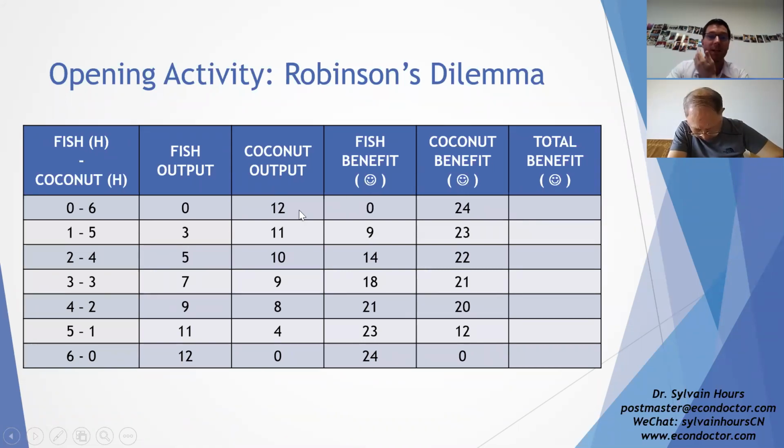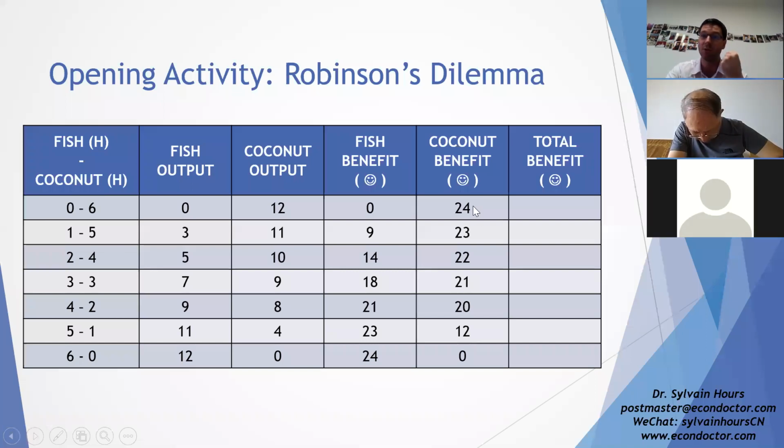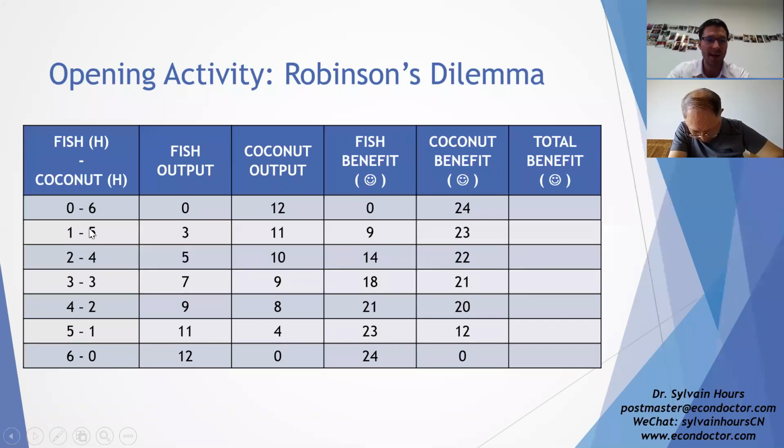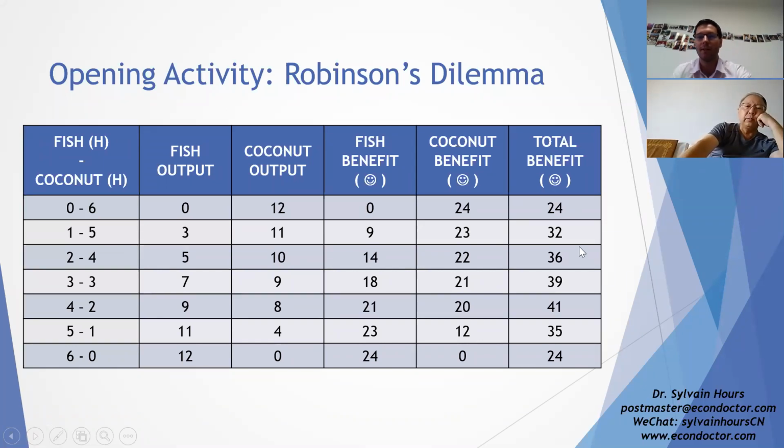And using the information given above, I can identify that this will generate a total satisfaction of 24 happy faces. And I can do that for all possible allocations of my time, to calculate the total benefit generated by the consumption of the combination of fish and coconut.